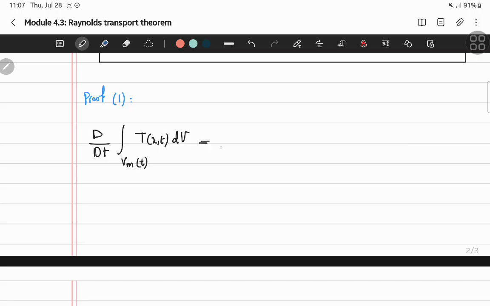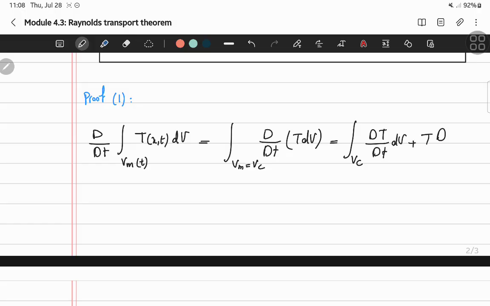So as I already mentioned, when Vm is equal to Vc, we can take this material derivative inside the integral. So D/Dt of T dV, and I'm just going to stop writing this x and t. So it becomes over Vc: the material derivative of T dV plus T times the material derivative of dV.